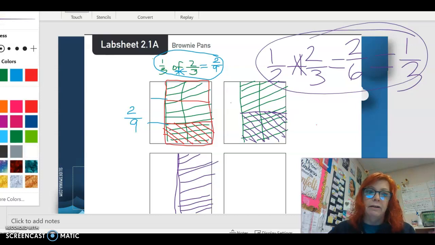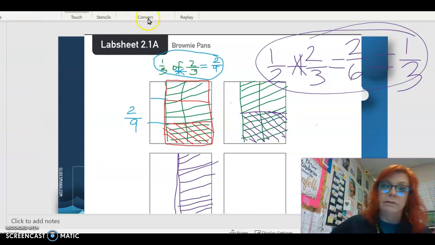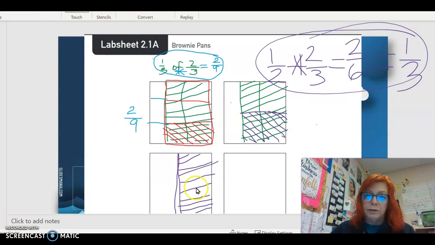How will you find 3/4 of this half? Go ahead and talk to a neighbor. Remember, two different color pens really helps you here. Okay, so 3/4 of this half means that I'm going to have to divide it into 4 pieces. Oops. That is very yucky looking. Okay, so I have 1, 2, 3, 4. And she only wants half.